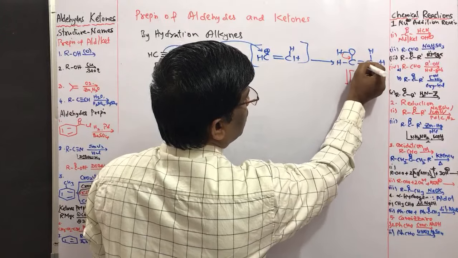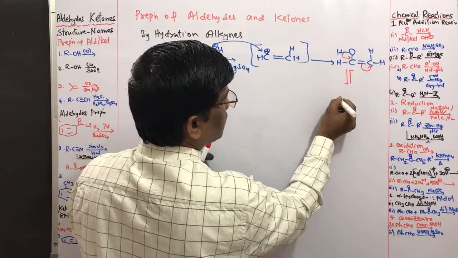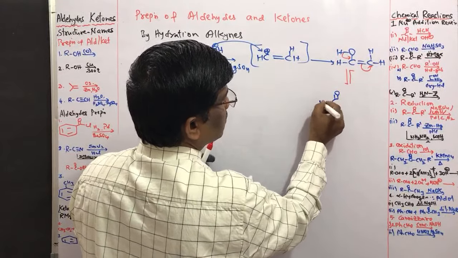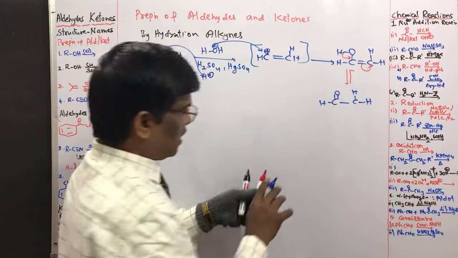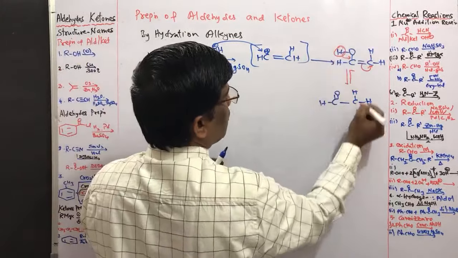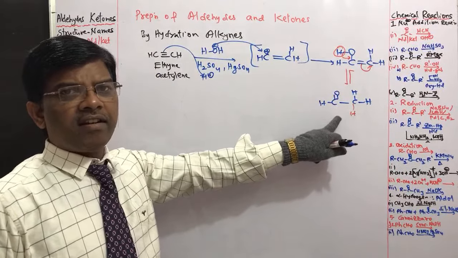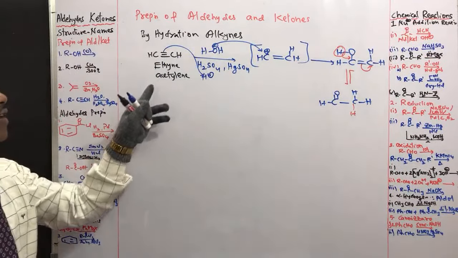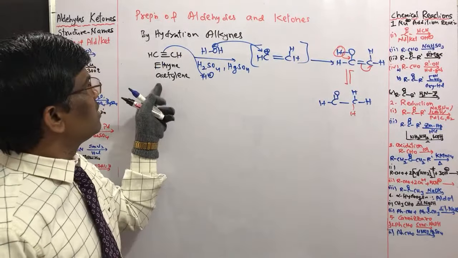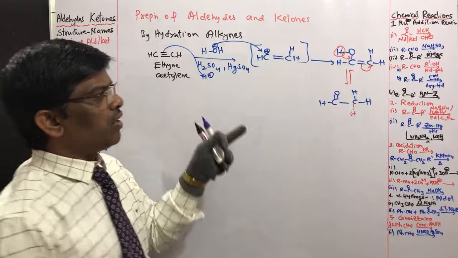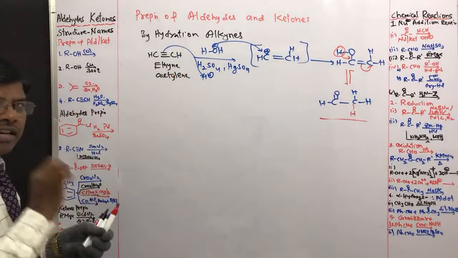The double bond shifts to give this single bond, and of the hydrogens, this hydrogen is coming here. So acetaldehyde can be prepared starting from acetylene by hydration. This is the only compound where we get an aldehyde; higher alkynes give ketones.